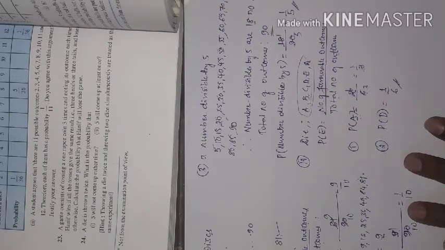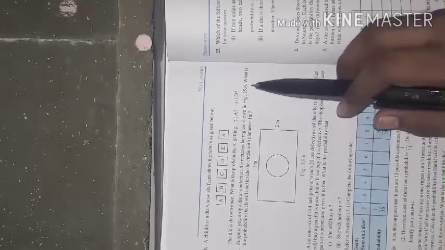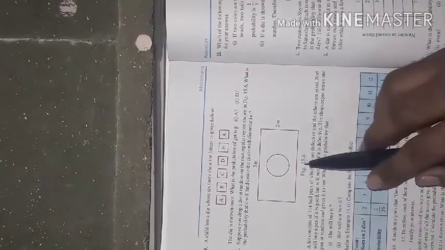Very simple example. Okay, so let us go for the next one, the 20th example. Suppose you drop a die at random on the rectangular region shown in figure 15.6. What is the probability that it will land inside the circle with a diameter of 1 meter? This is figure 15.6 consisting of a rectangle and a circle.